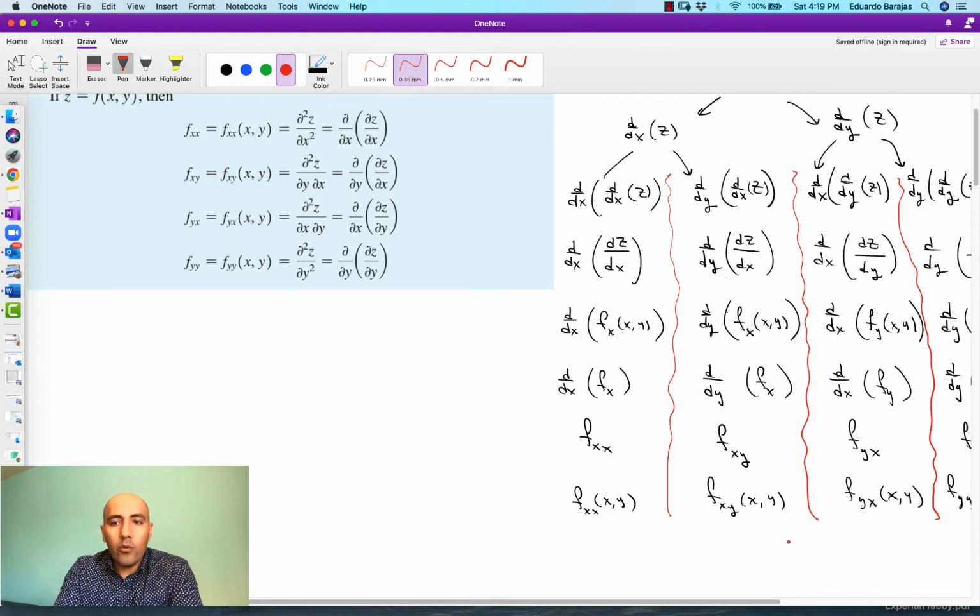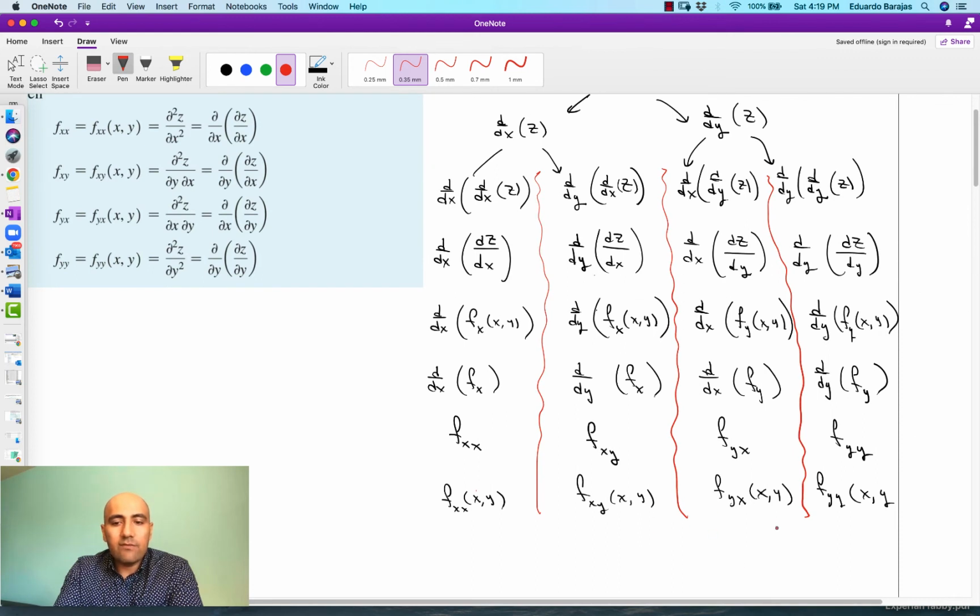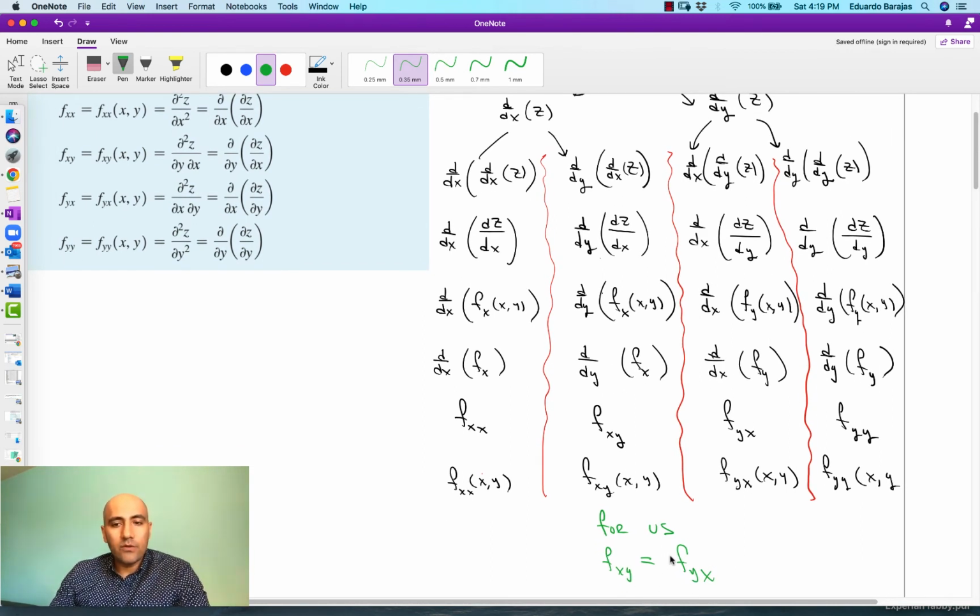It isn't always going to be the case that these two give you the same result, but for everything we do in this class, it will. So for us in this class, f sub xy is really equal to f sub yx. In all the cases we're going to run into, you can find these two things separately, but then show that they actually equal each other, right?